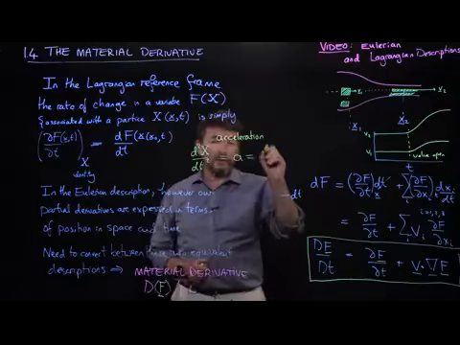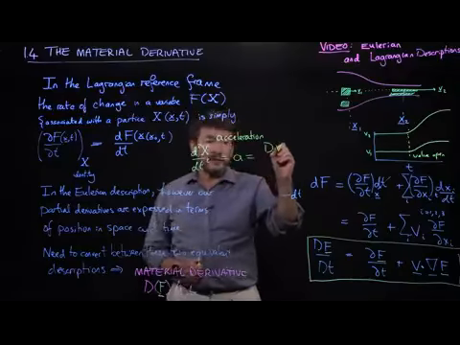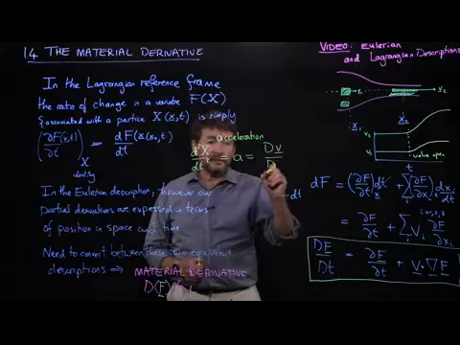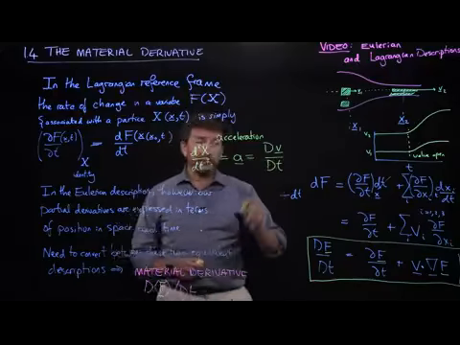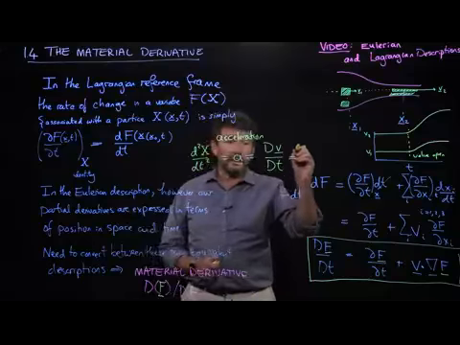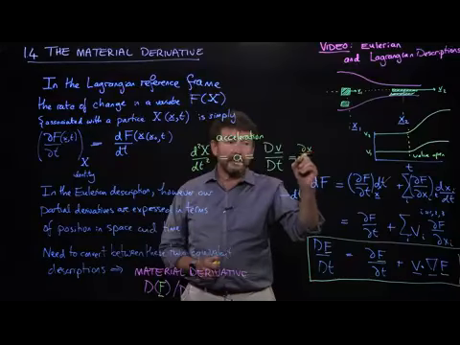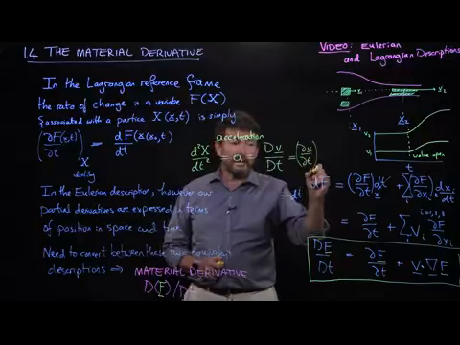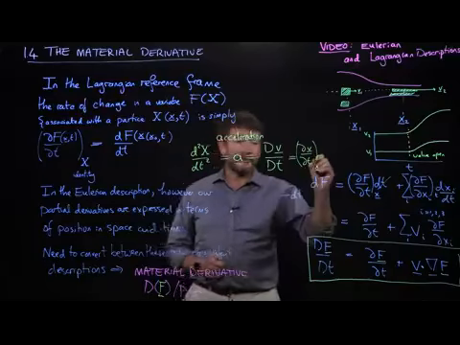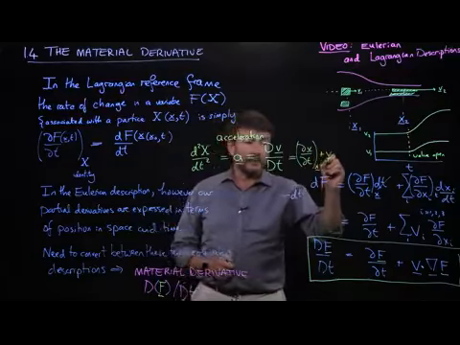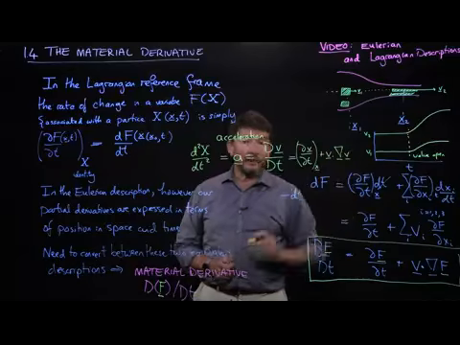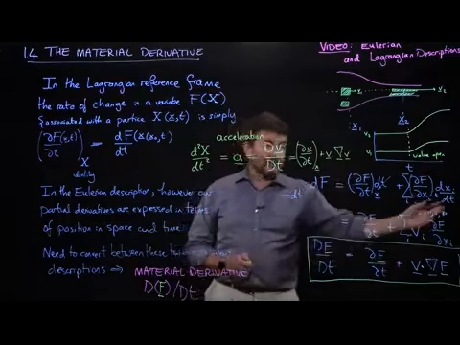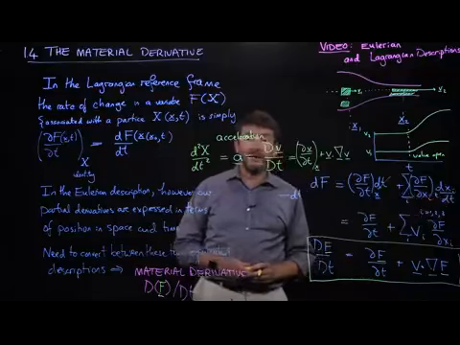In the Eulerian world, it will be the material derivative of the velocity field, which would be dv by dt, at a constant point in space, plus the velocity dotted into the gradient of the velocity. And that's expressed at a constant instant in time.